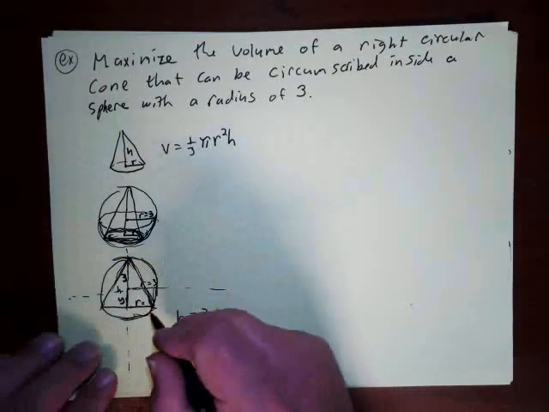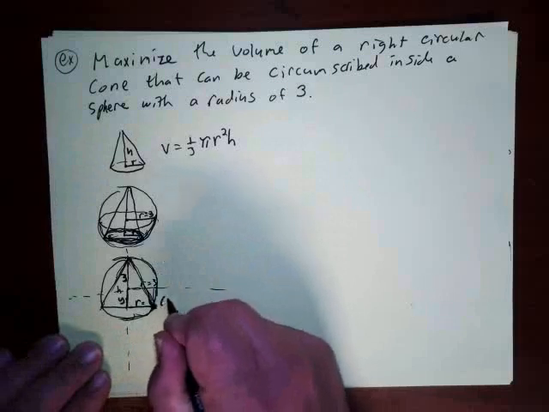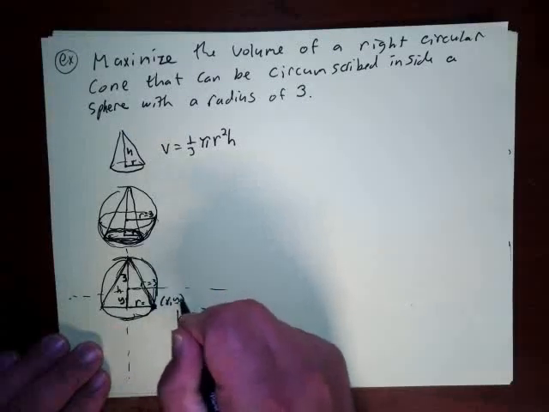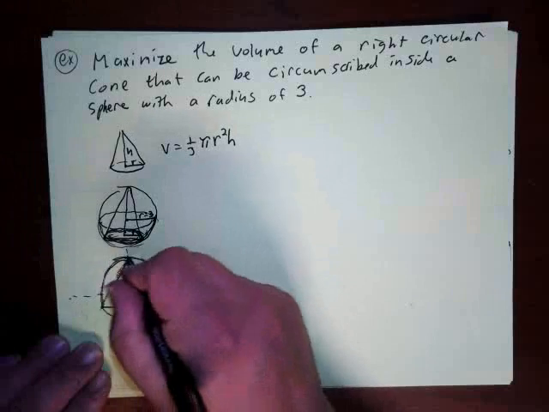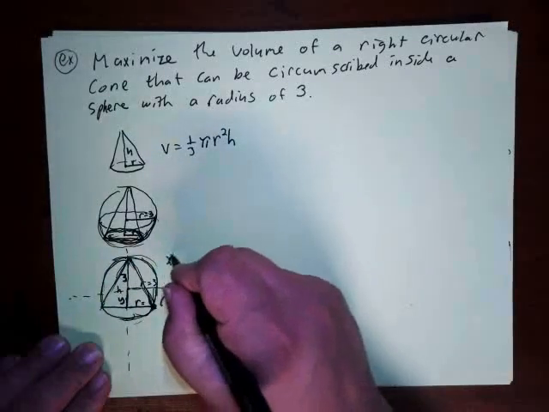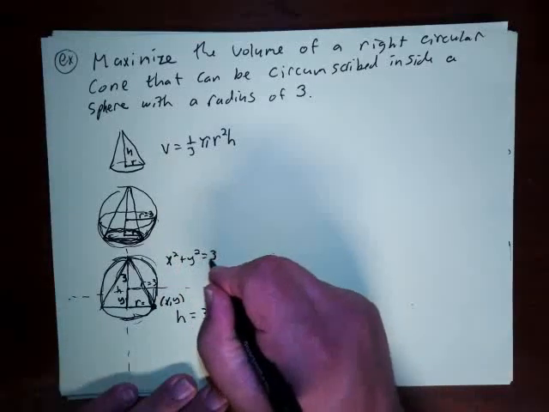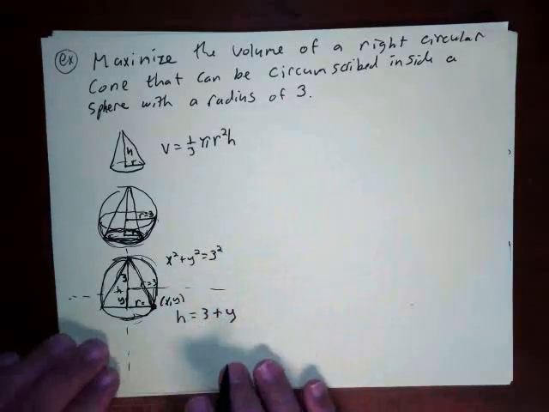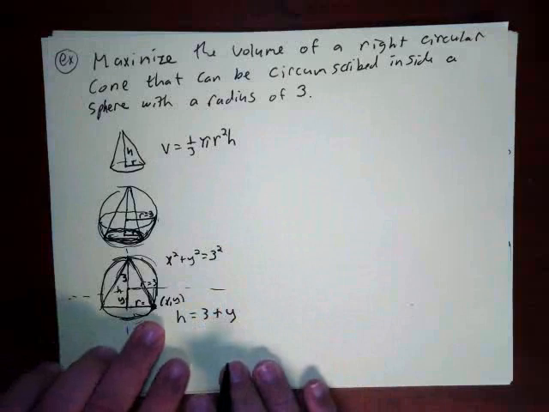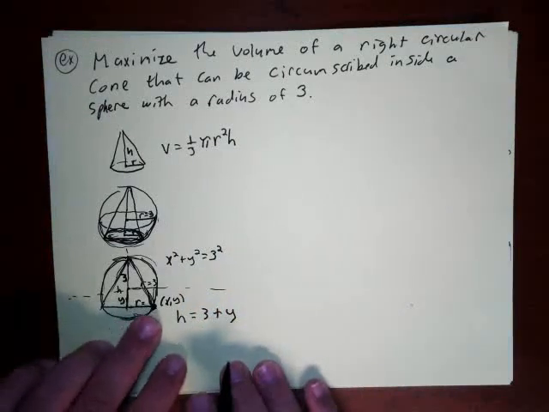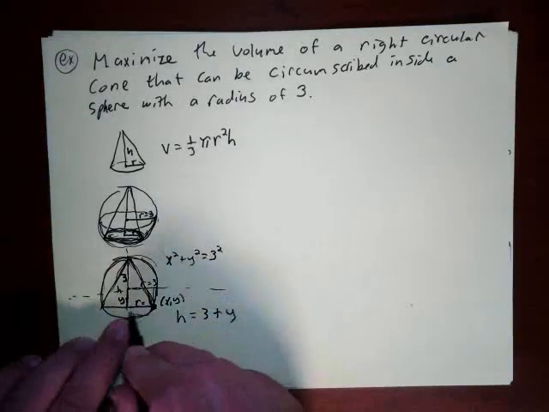Now for the radius, we have this point x, y, and it's on this circle. So this cross section is a circle where x squared plus y squared is equal to 3 squared. What I want is r, but this r is the x.